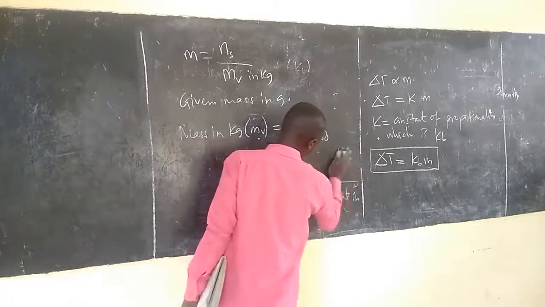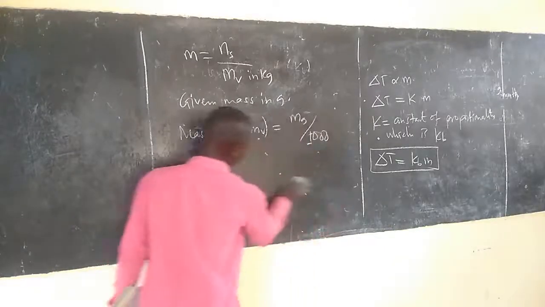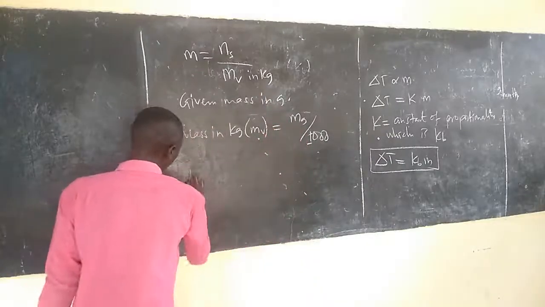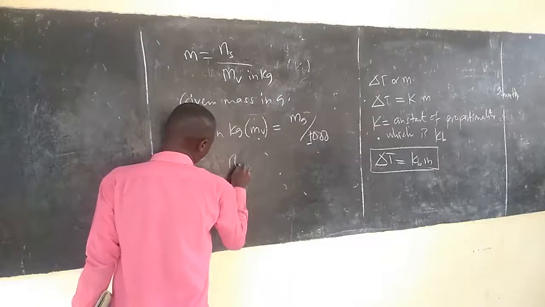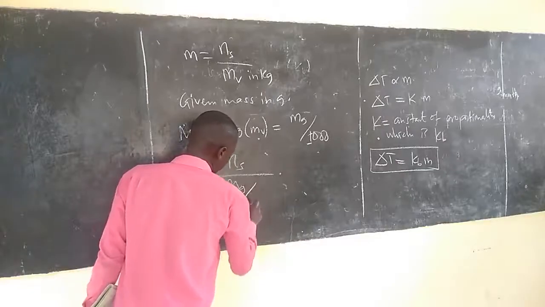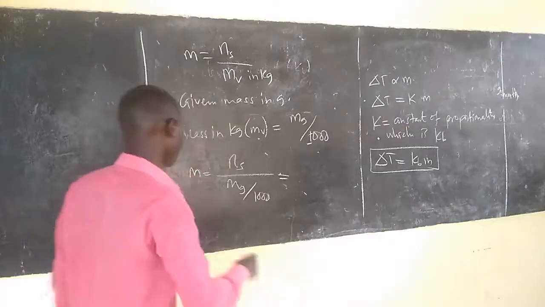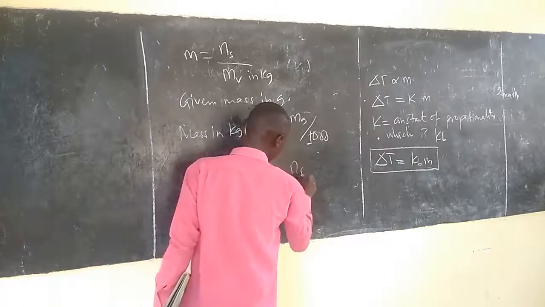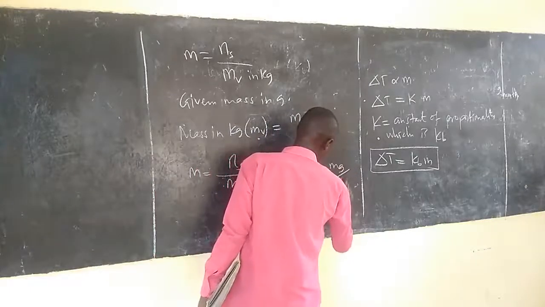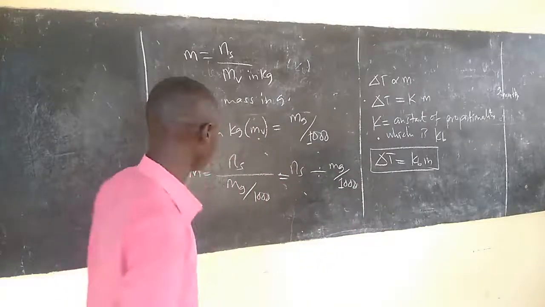So if we convert the mass from grams to kilograms by dividing by 1000, then m is equal to the number of moles of solute divided by the mass given in grams, divided by 1000. This is a division of fractions. That is NS divided by mg over 1000, where mg is the mass of solvent in grams.